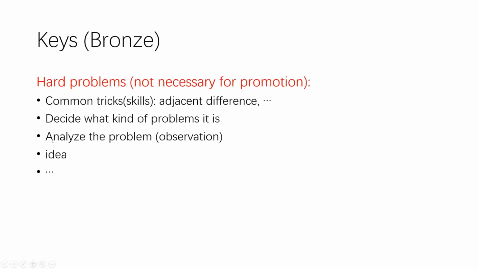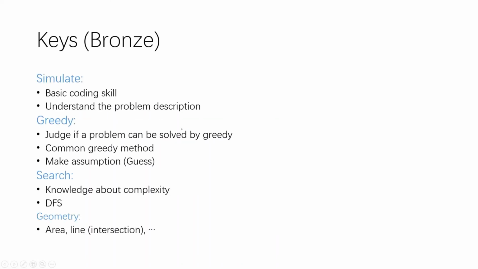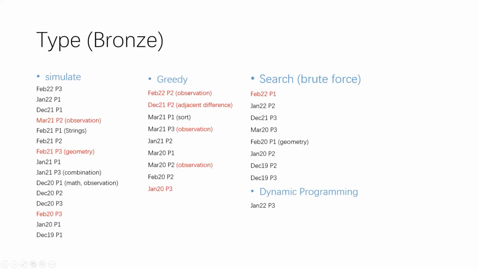And then it's important to analyze the problem. Here we will find many of the difficult problems need some observation. So you need to analyze the problem and get some observation.